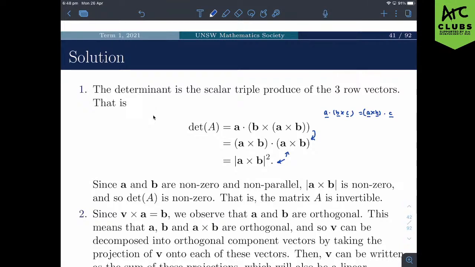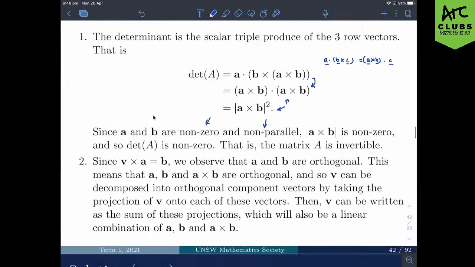Since we're guaranteed that they're non-zero and not parallel, we can say that their cross product is non-zero, and so the determinant is non-zero, and that means that the matrix is invertible.